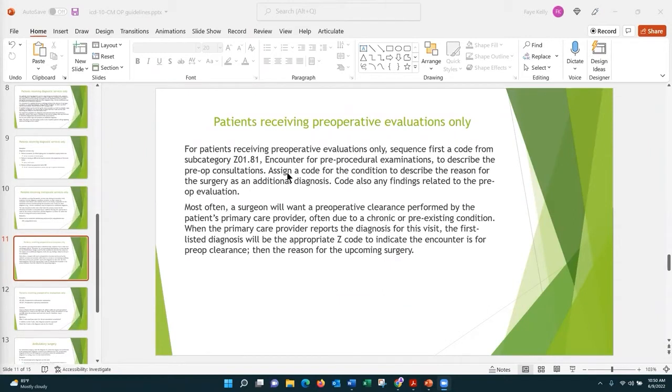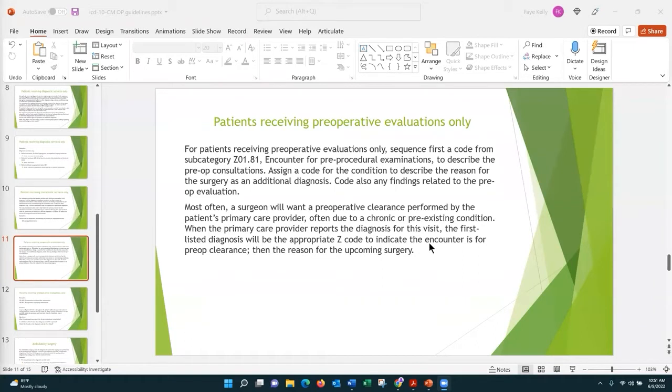So that patient's having chest pain, they're going to have a cardiac cath, and the surgeon just wants his primary physician to do an evaluation to clear him for surgery. Which is what I've just described.